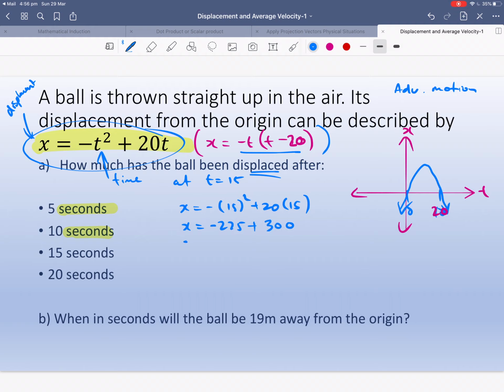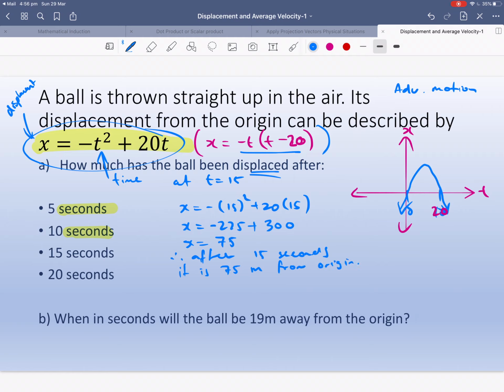So we end up getting that displacement is 75. Therefore, after 15 seconds, it is 75 meters from the origin.